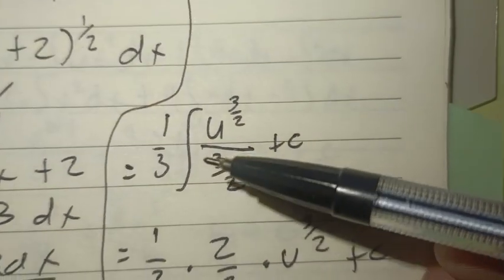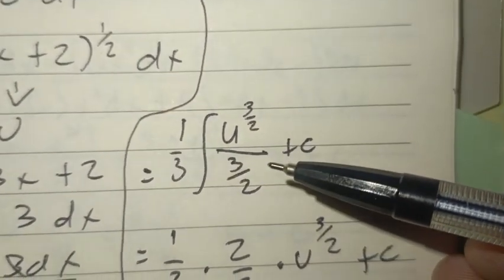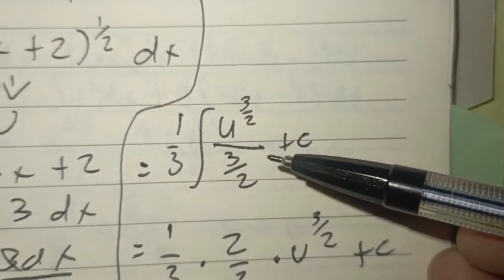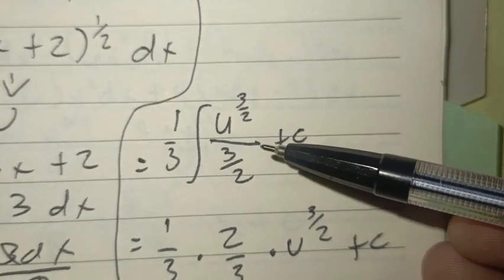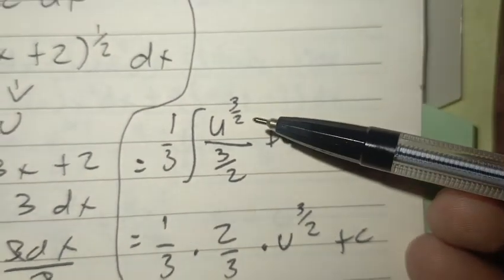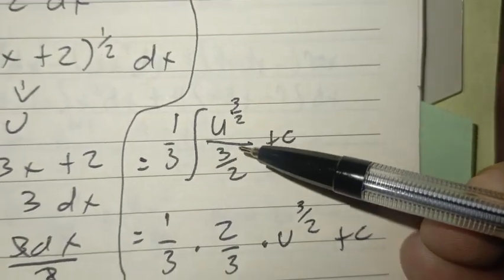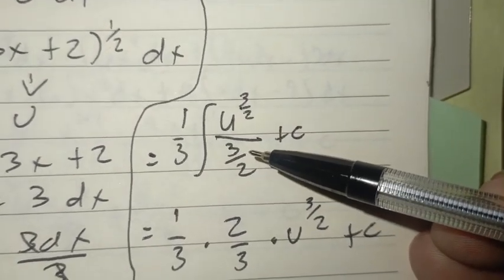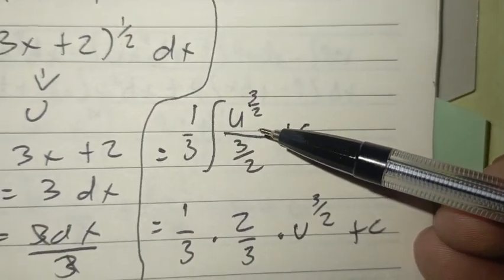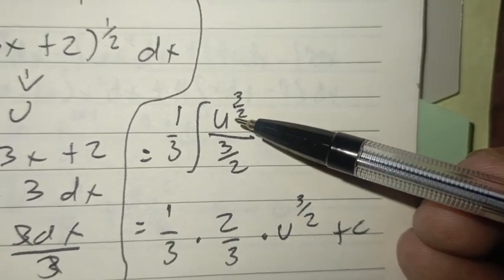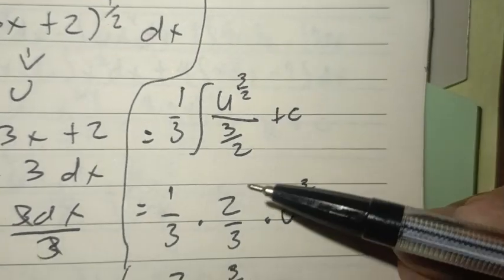So here we can multiply both sides by 2. We can multiply the numerator and the denominator by 2 over 3 to cancel out 3 over 2 on the denominator. So we're left with 2 over 3 multiplied by u to the 3 over 2.